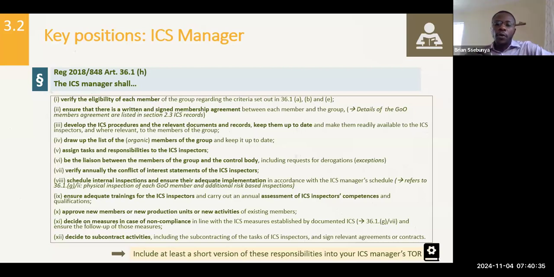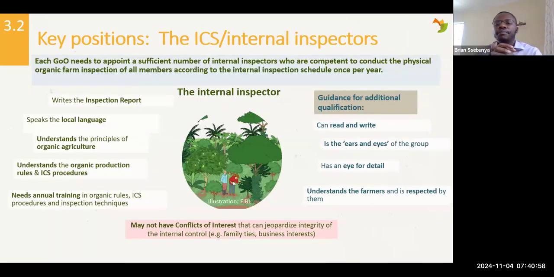So this should actually form the core part of the job description of the ICS manager. If you're advertising this role, or if you're headhunting, whichever process you're using to find the ICS manager, just extract this and include it in the job description as one way of ensuring that these roles are actually captured well.